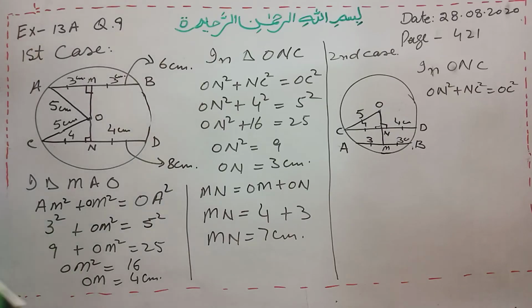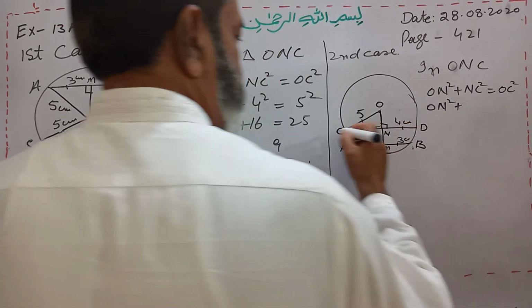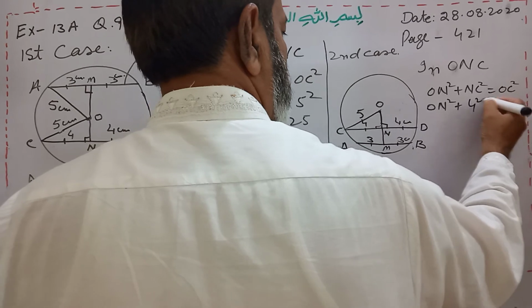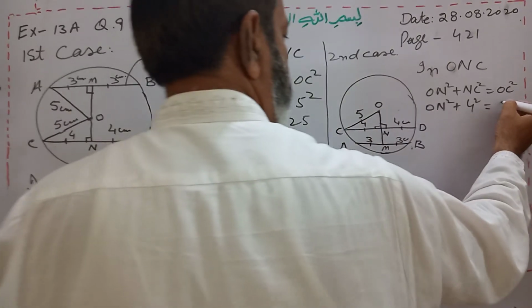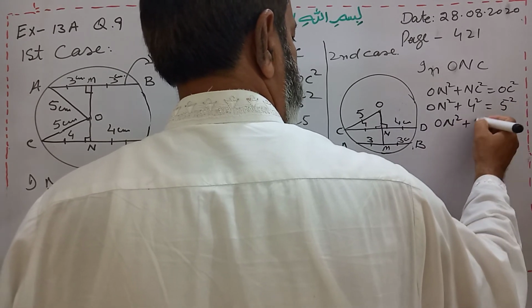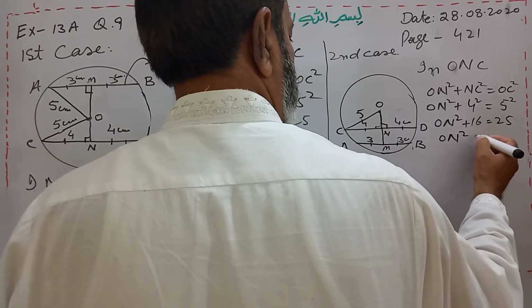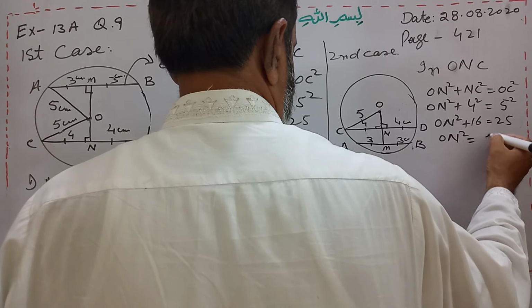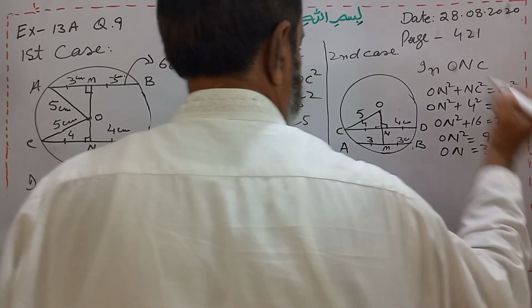Using the Pythagoras theorem again, ON is unknown, ON square plus NC, which is 4, and OC is 5. So you will get ON square plus 16 is equal to 25. ON square is equal to 9 and ON is equal to 3 centimeters.